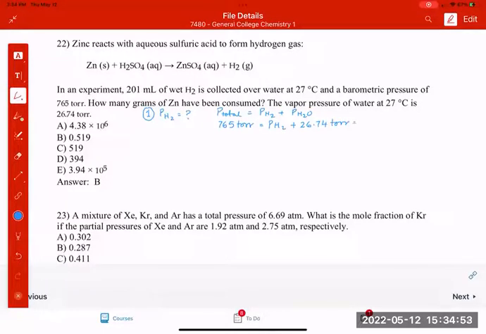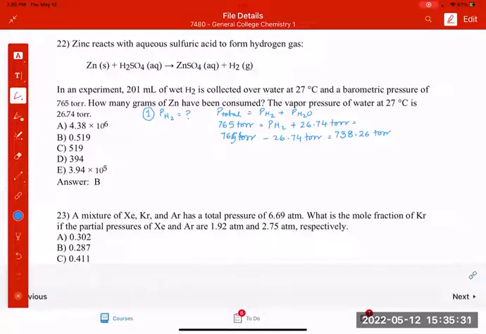So 765 torr minus 26.74 torr. What do you get? 765 minus 26.74 is 738.26 torr.